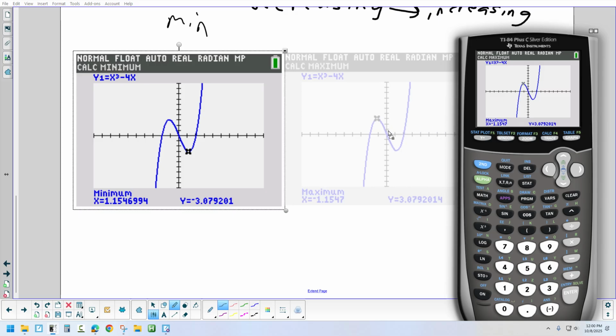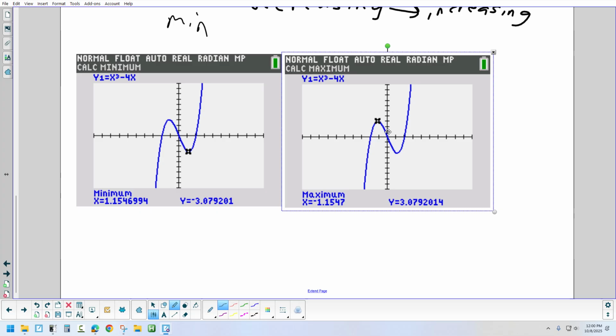Now you've got everything you need to figure out where it's increasing and decreasing. When you describe the increasing and decreasing, you use the x value. How many different sections do we have to describe on this graph? Yep, 3. This is 1, this one is 2, and this one is 3.